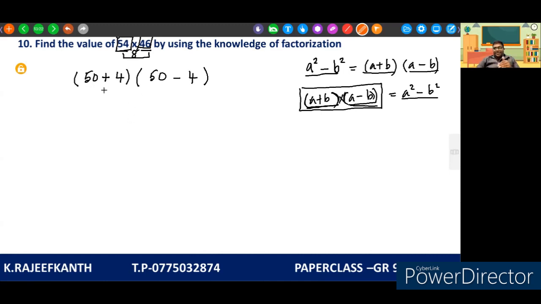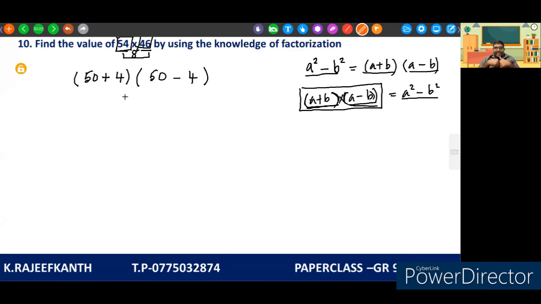Here this is in the format of a plus b into a minus b. Now we have arranged it in the format of a plus b into a minus b. Then in the next step we can write a squared minus b squared. So here I will explain it again. 54 times 46. First you have to find the difference of the two numbers 54 and 46. That is 8.